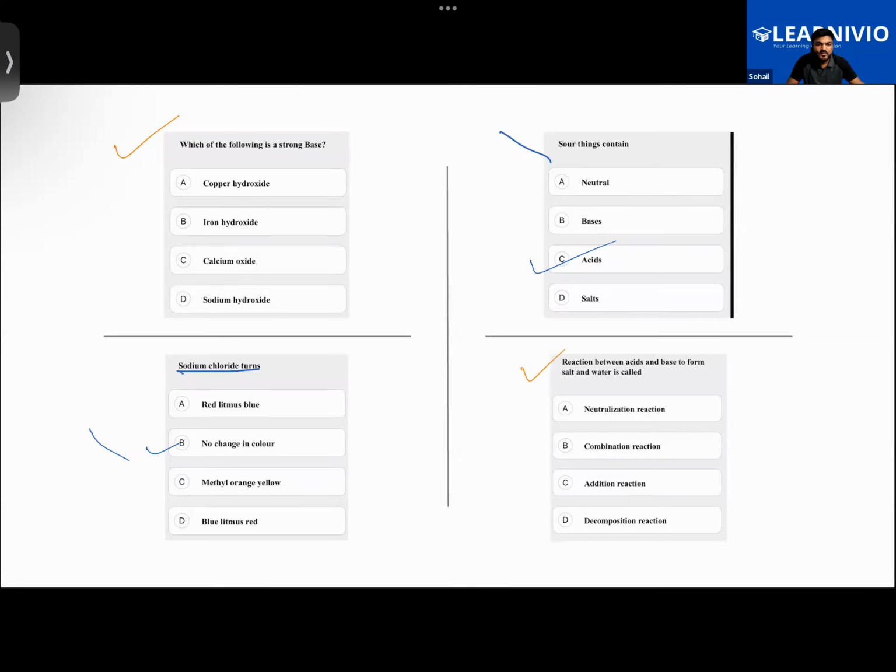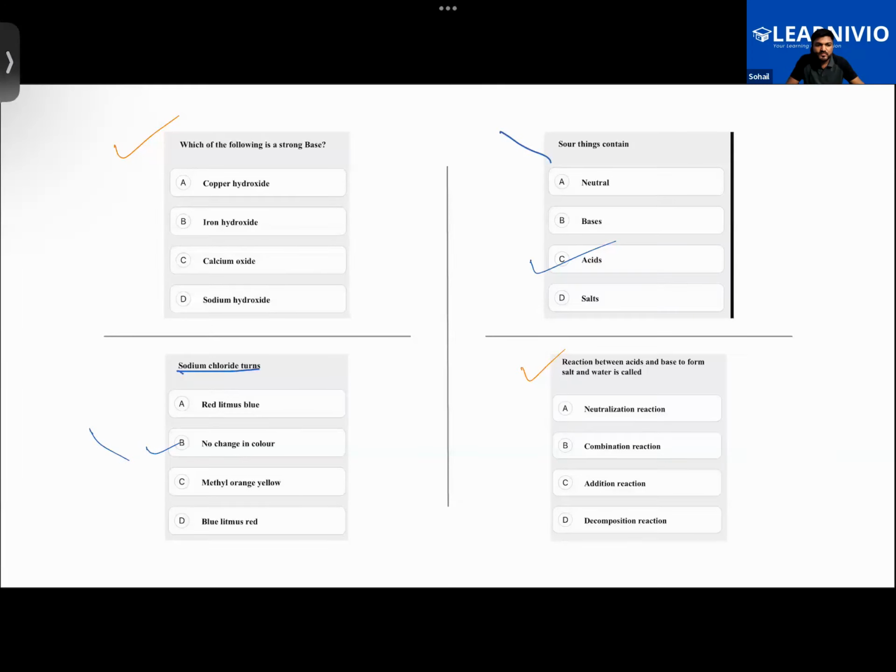Yeah, Priyanka. Sir, D. Did we learn about this? We also learned about calcium hydroxide. Calcium hydroxide was an inorganic base. Calcium hydroxide is one of the examples of strong bases. I told you about sodium hydroxide first.